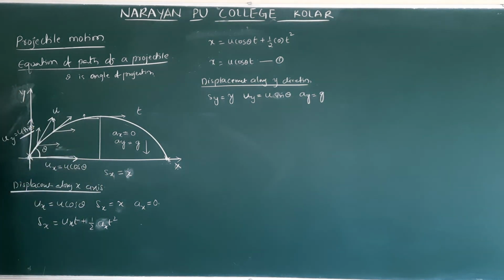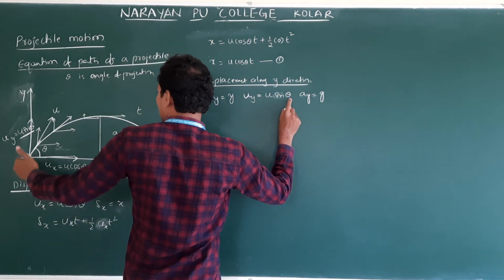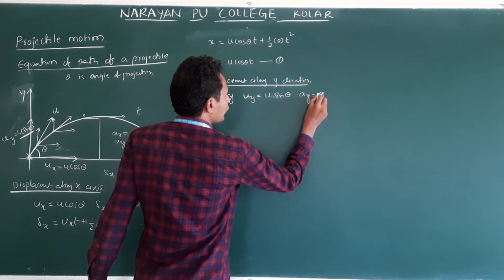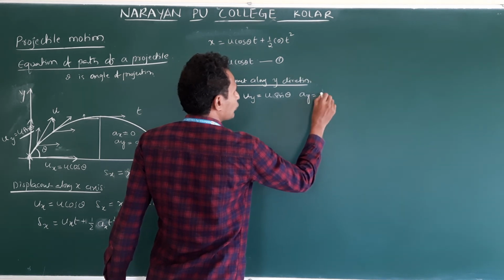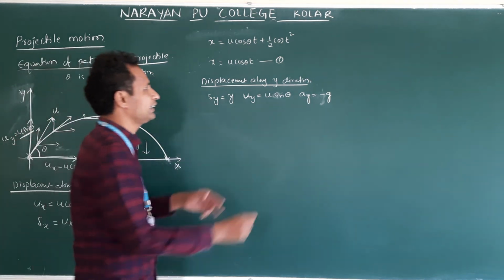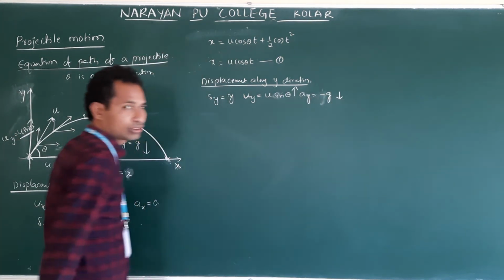So u sin theta we are taking upward. If upward is considered positive, then downward will be negative. So how will we write this? Minus g. Reason: u sin theta is acting upwards, g acting downwards.